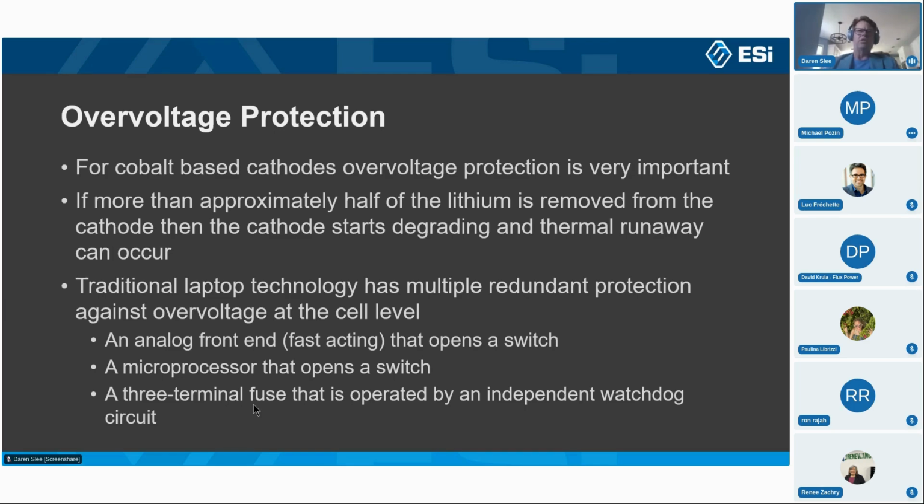One technology will put that 3-terminal fuse right on the FET switches in case they fail and generate heat, and then it will open the circuit if your FETs are failing and generating heat.